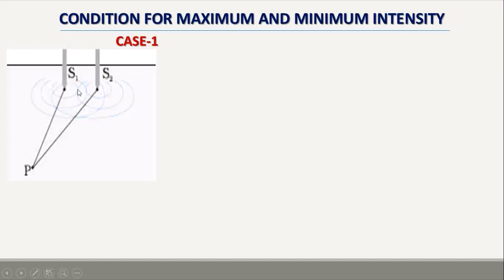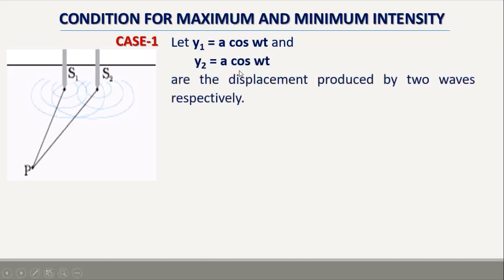Let's start with the first case, where S1 and S2 are the two sources of light, and they are emitting light waves moving towards the point P. Let us assume that Y1 is the displacement of the first wave, A cos omega t, and Y2 is A cos omega t.